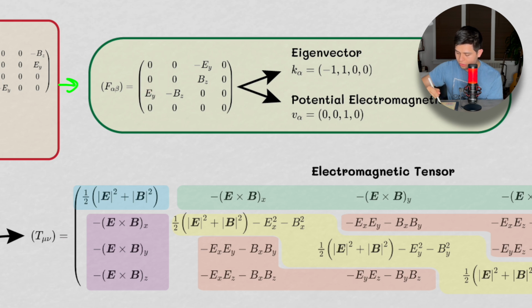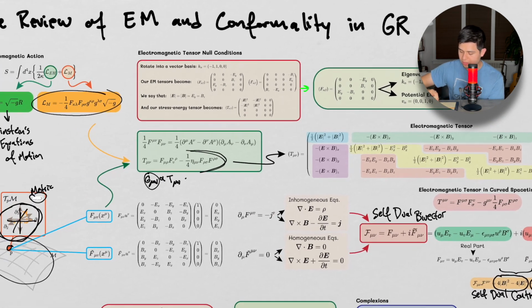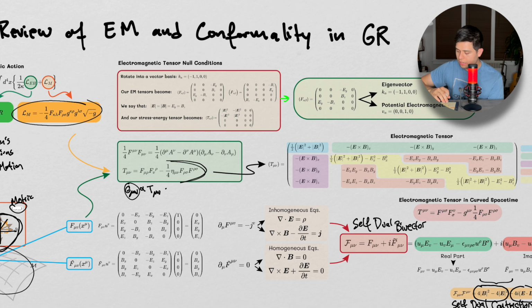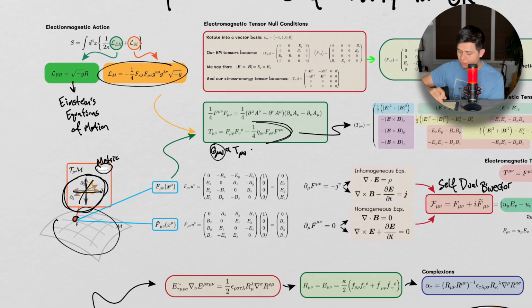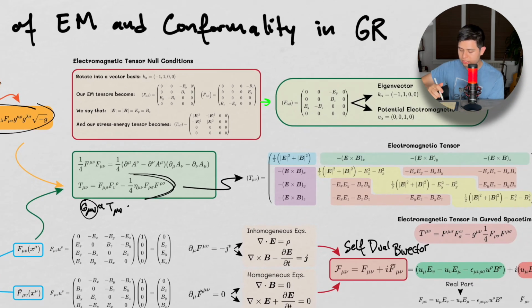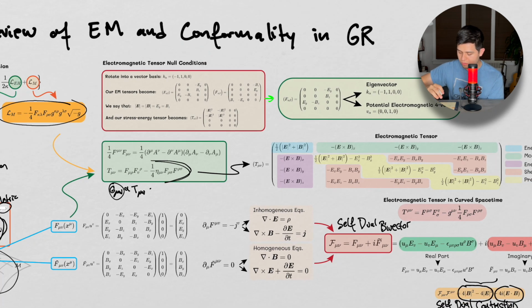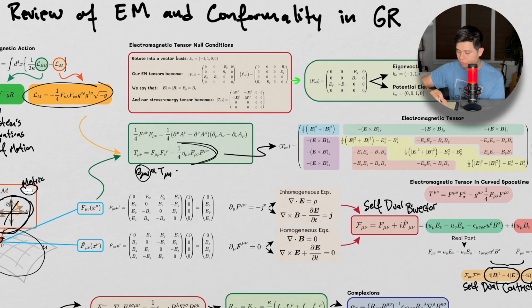I'm not going to get too much into this. I could go down a rabbit hole. We've already talked about this before. So that's what we briefly touched on, null conditions. And we will probably go over this a little bit more, just to solidify our understanding, later when we start talking about charged black holes.